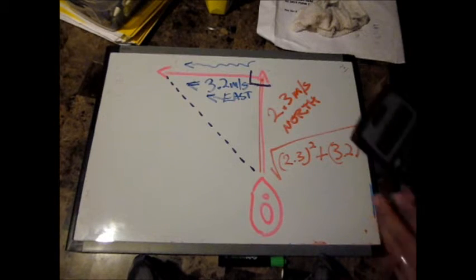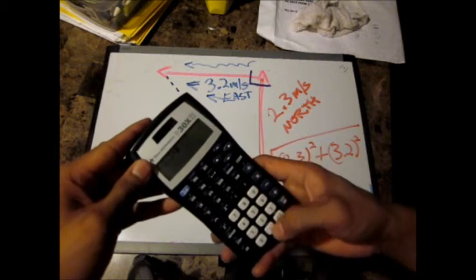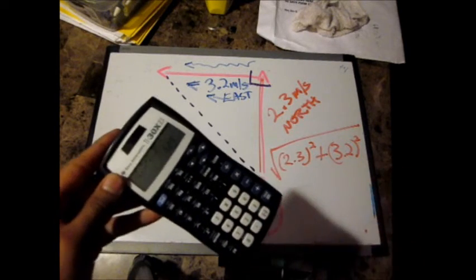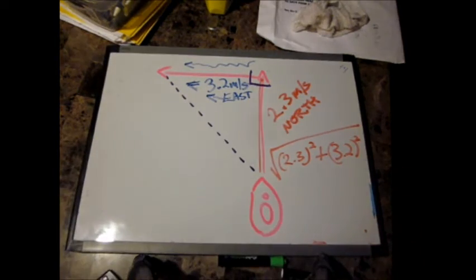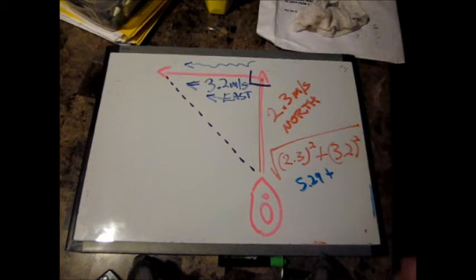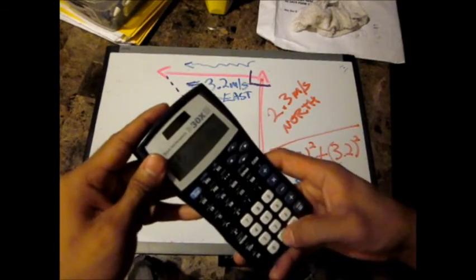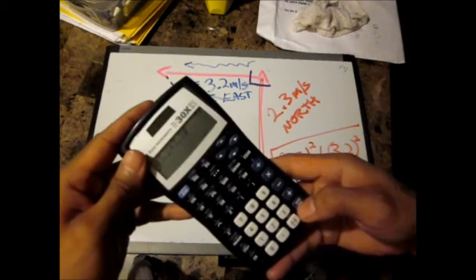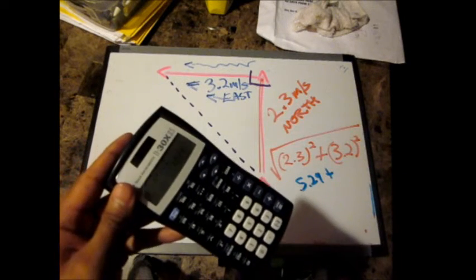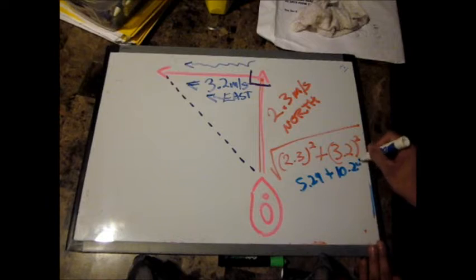So if we want to do the math together, we can do that math together. 2.3 times 2.3, and that equals 5.29. So let's go ahead and write that down. 5.29 plus, we're going to do this one now. Clear. 3.2 times 3.2, and that equals 10.24.